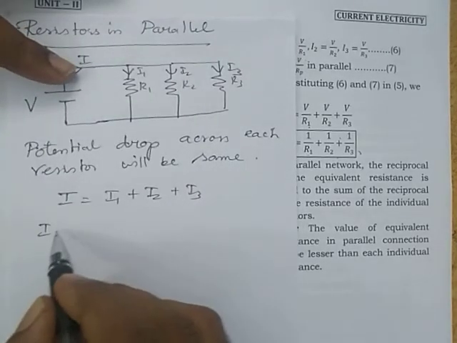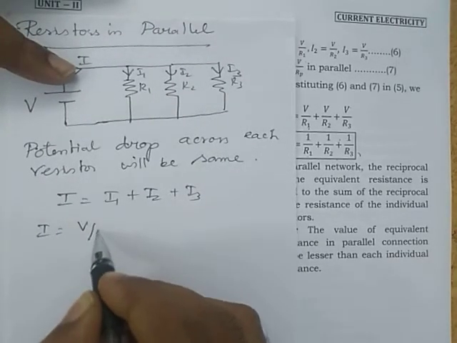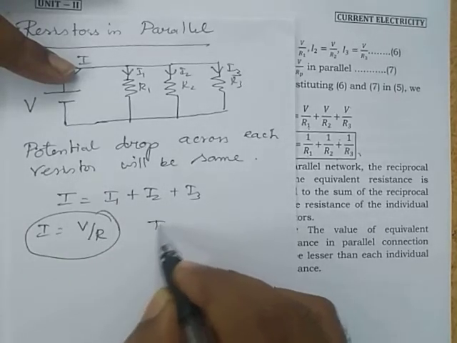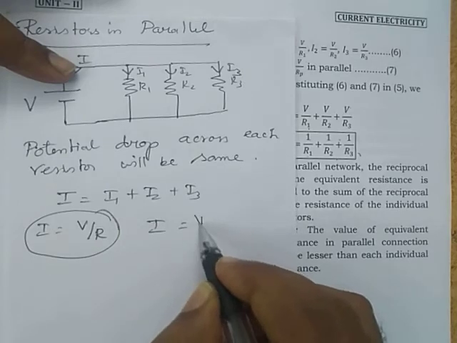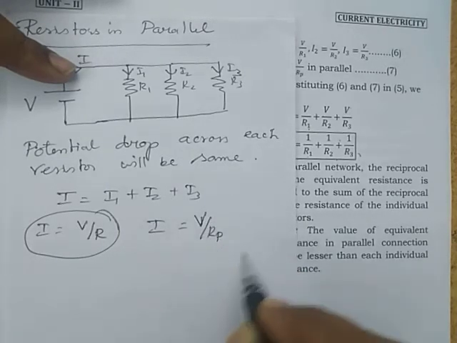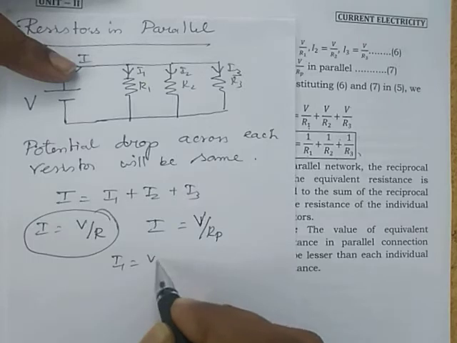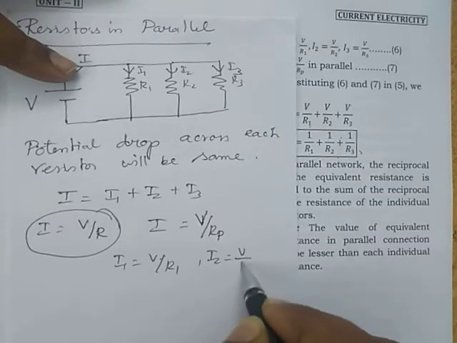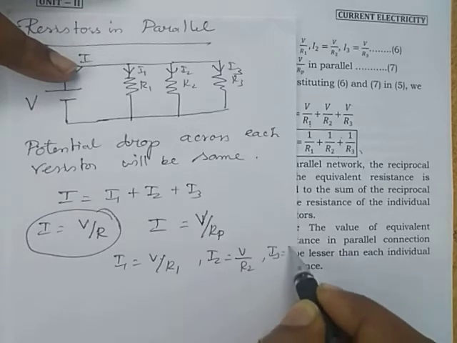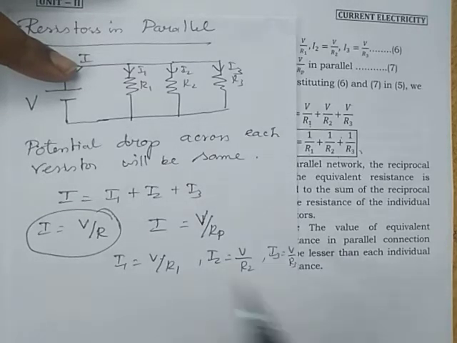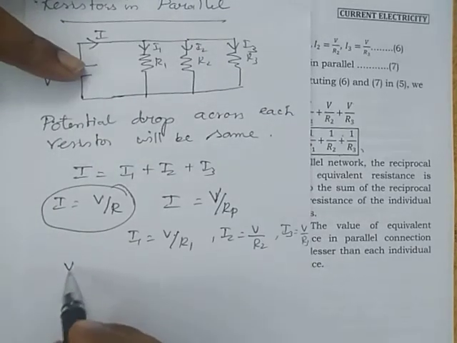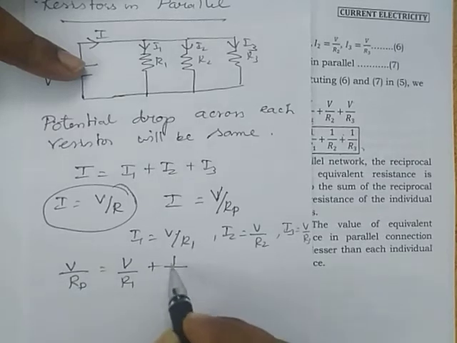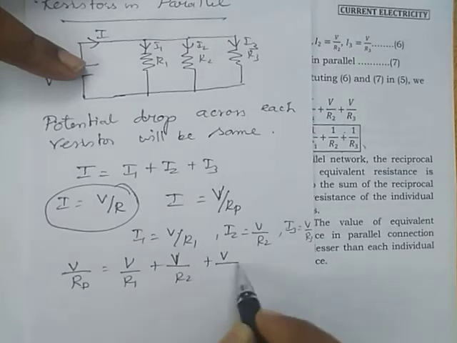We know very well I is equal to V by R. This is one more form of Ohm's law. Then we can write I is equal to V by RP, and I1 is equal to V by R1, I2 is equal to V by R2, I3 is equal to V by R3. Substituting this expression, we get V by RP is equal to V by R1 plus V by R2 plus V by R3.